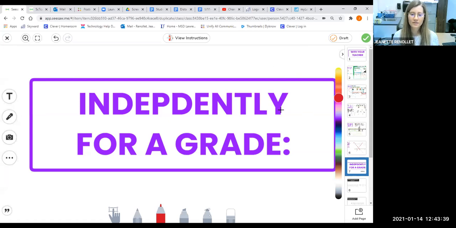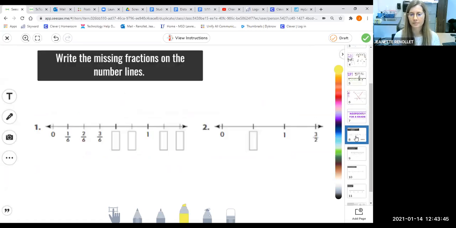Starting on slide number 7, it says to work independently. This is your task for today. Number 8 says write the missing fractions on the number lines. You can look at the fractions that they give you to help you, and you can count how many equal parts are in one whole.